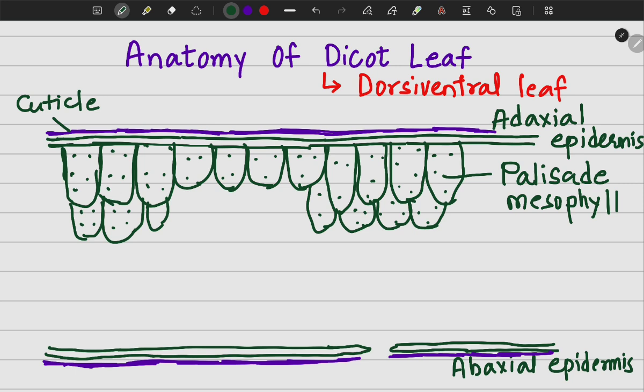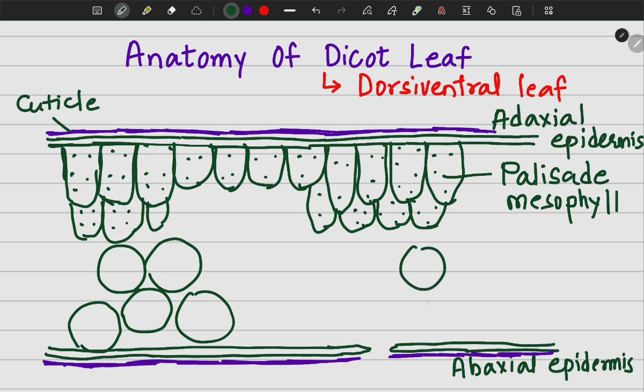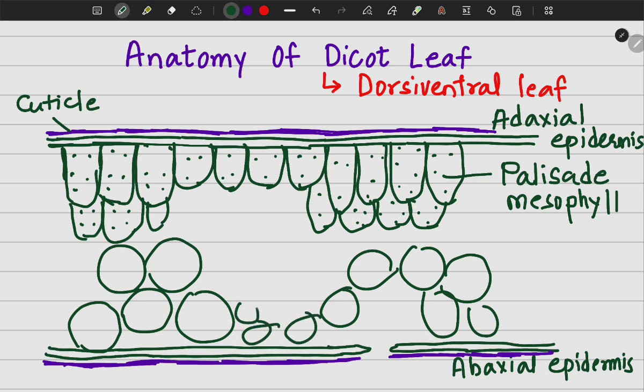And now at the abaxial epidermis or the lower epidermis, we will see round and oval spongy parenchyma or spongy mesophyll, which is the second type of mesophyll cell. These are round and oval, and they have a large number of cavities or intercellular spaces between them.